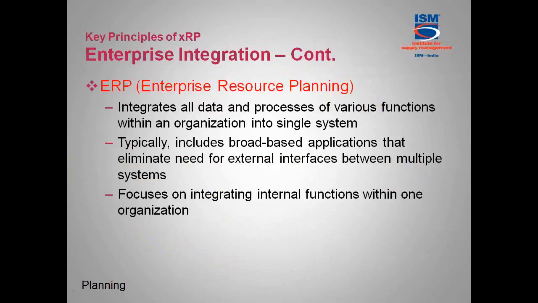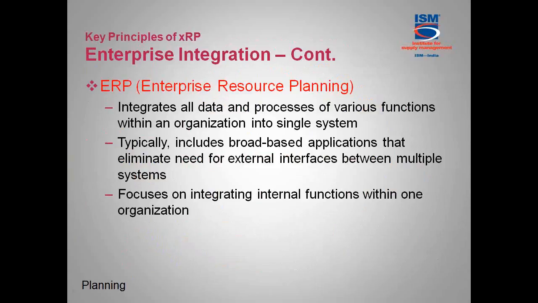Instead, all these 10 factories are integrated through an ERP system. So at one location the CEO of the company can find all the reports and then process the decision.